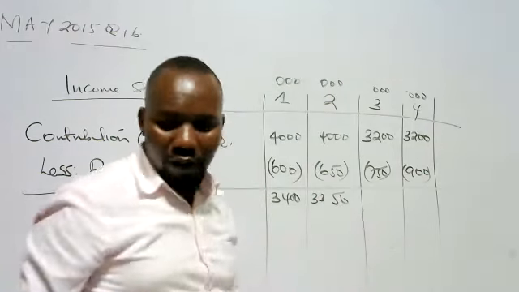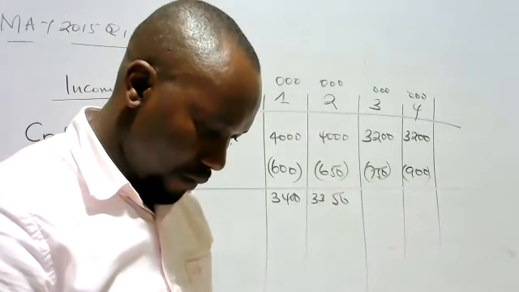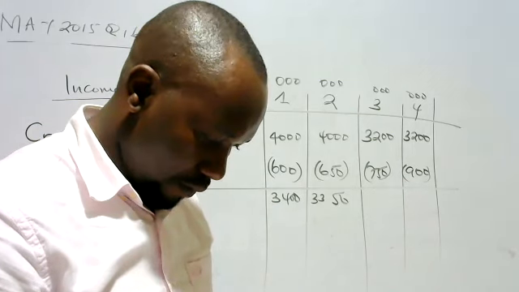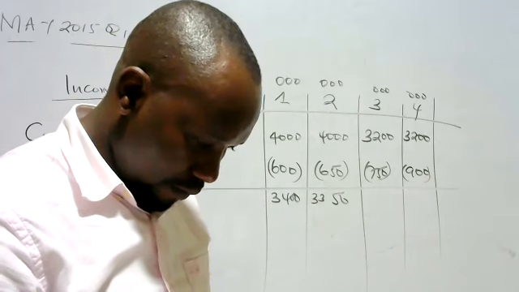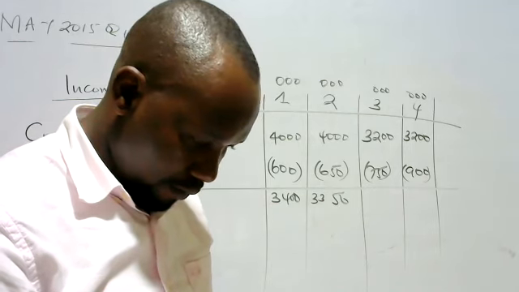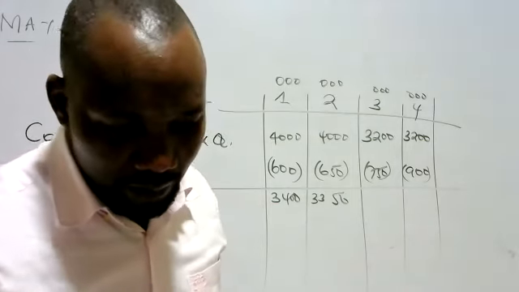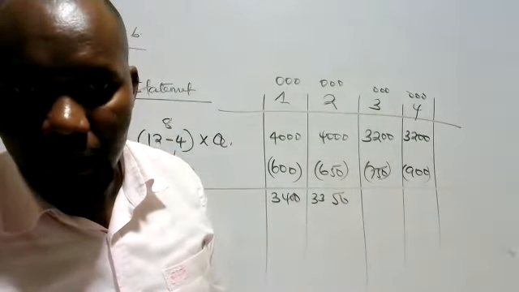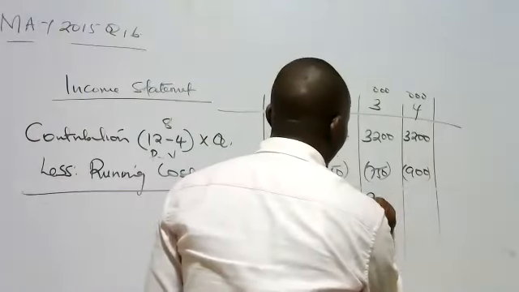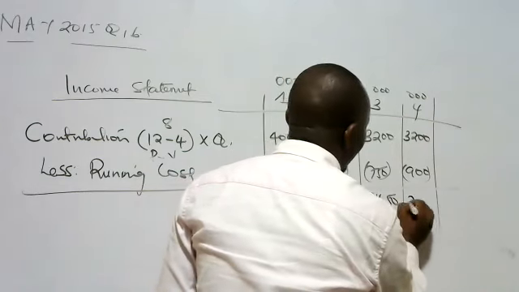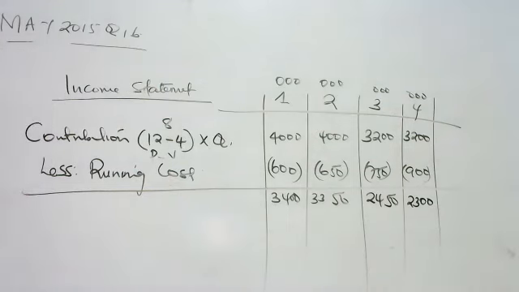Then here, this other one we have 2,300. Thank you. 2,450 and 2,300. So that is where we are.